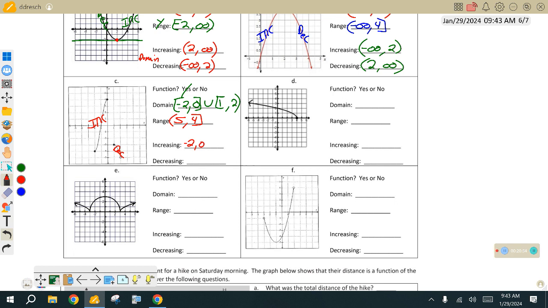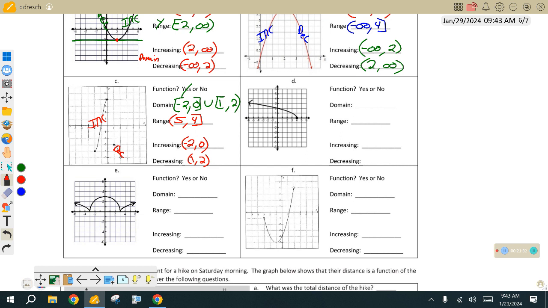Here's where things get a little annoying. We usually do -2 to 0 with the parentheses. If you put a bracket, I'm not going to kill you. This is our first time through it. And where's our graph decreasing? It's decreasing from 1 to 2. If you put a bracket there, I'm not going to kill you either. I'm always pulling it from the domain's values, so these will always come from the domain.